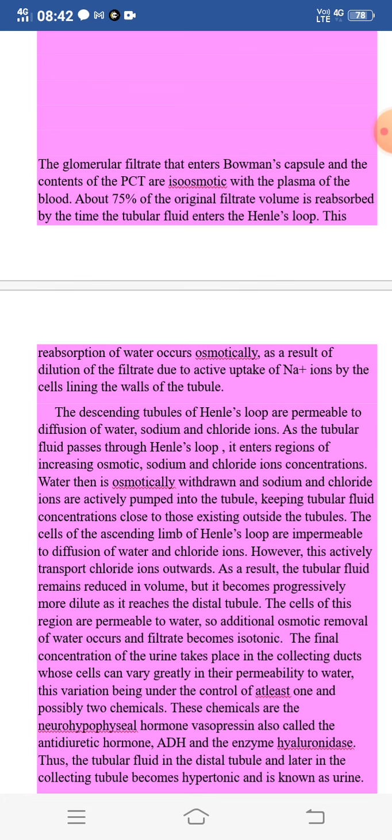Just listen carefully to these terminologies. The glomerular filtrate that enters the Bowman's capsule and the contents of the PCT are isoosmotic with the plasma of the blood. About 75% of the original filtrate volume is reabsorbed by the time the tubular fluid enters the Henle's loop.